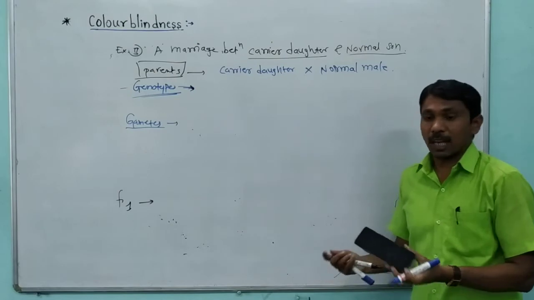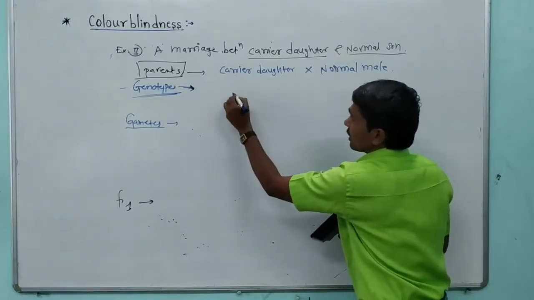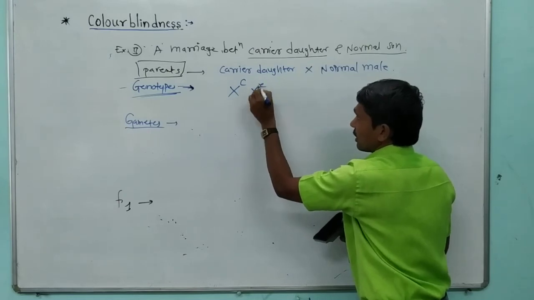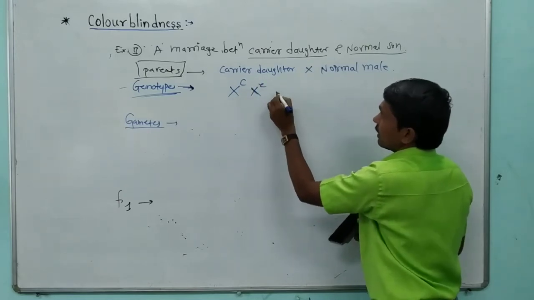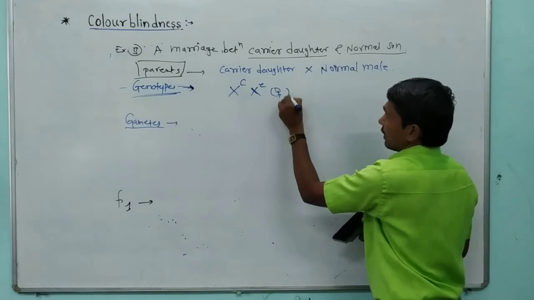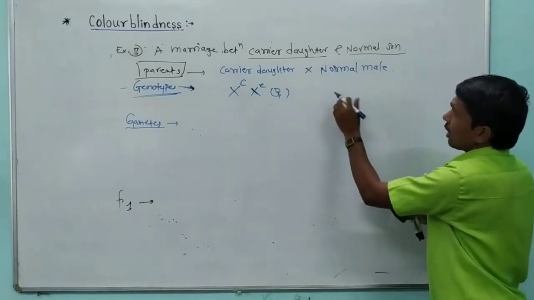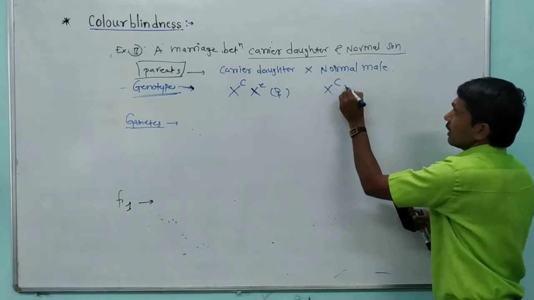So write there the genotypes. Okay, carrier daughter means X capital C and X small c. Okay, that is the carrier. This is the female. Into normal male, which means X C and Y.